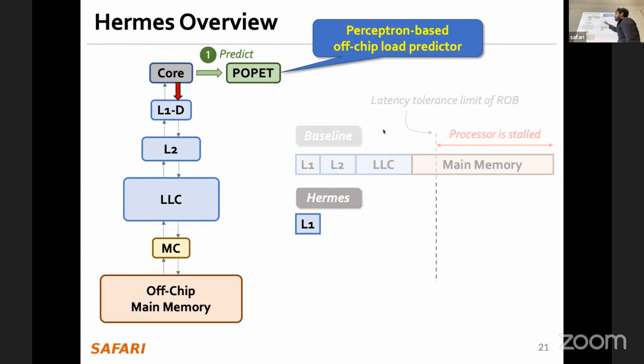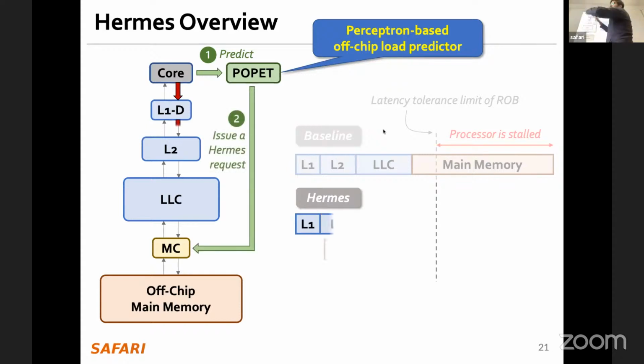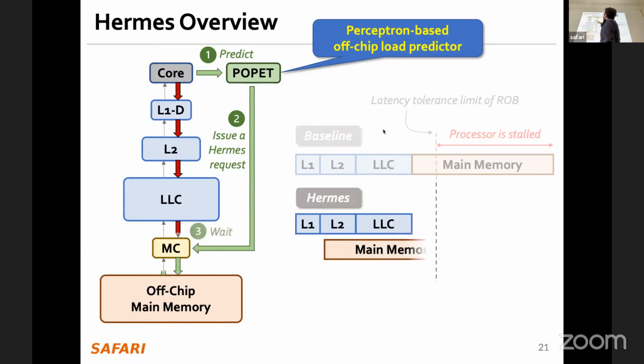Because you need the physical address to access the main memory, which happens in parallel with the L1 data cache access. So it waits for the L1 data cache access to complete, and once you have the physical address, it issues a memory request directly to the memory controller, which goes to the main memory. While it's accessing the main memory, the actual request is already flowing through the pipeline. If the prediction is correct, it would eventually come back to the memory controller.